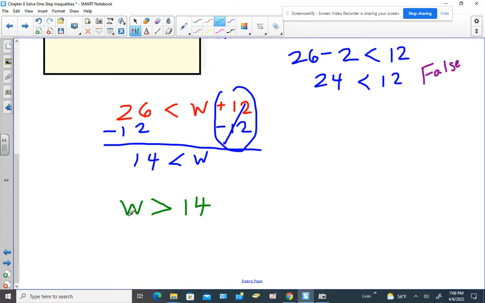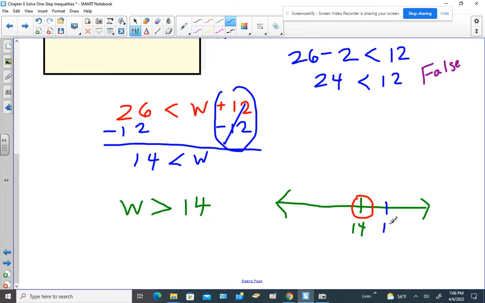Now this is the format that you're more comfortable with, and if we were to graph that, 14 would not be included in the set because 14 is not greater than 14. If I replace this with a 14, that would not make this true. But what would make it true, right? What if I think of values that are actually greater than 14?